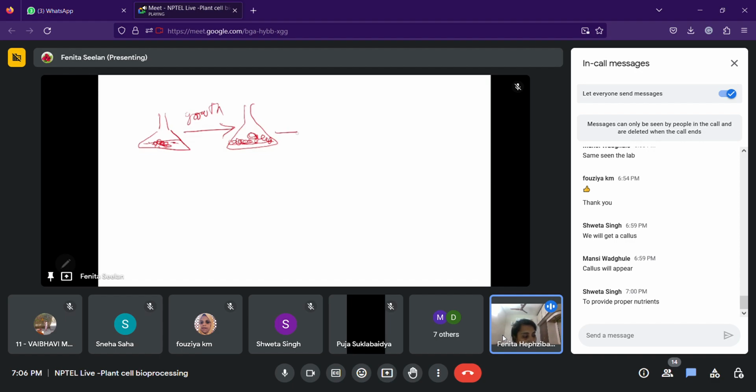So now you will be needing finer cells. To get finer cells, you can do filtration. In filtration, what will you do? You can use a funnel with a filter; the filter size and filter paper size vary.